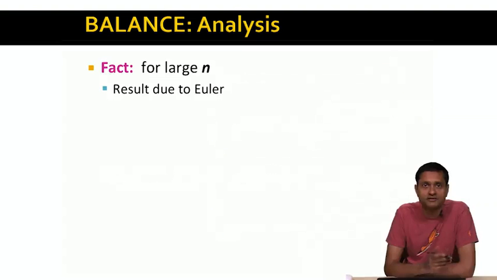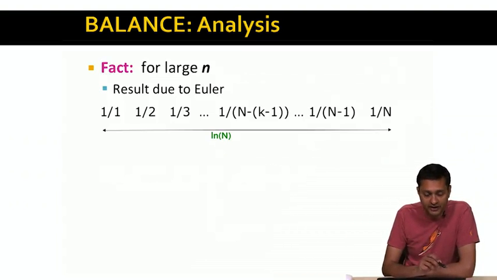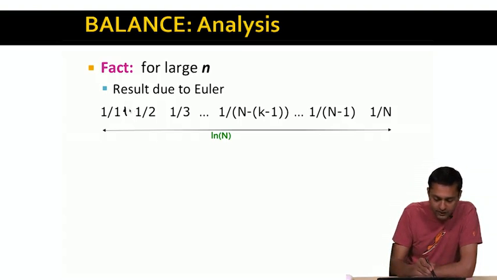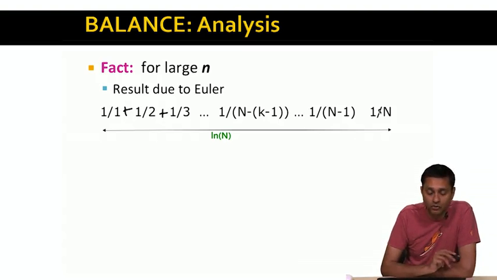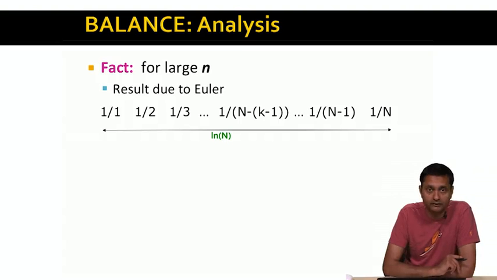Now there's a very famous result due to Euler that says that for a really large n, the series 1 plus a half plus 1/3 and so on sums to ln n, the natural logarithm of n. This is true to a small additive constant, which we'll ignore. Okay.